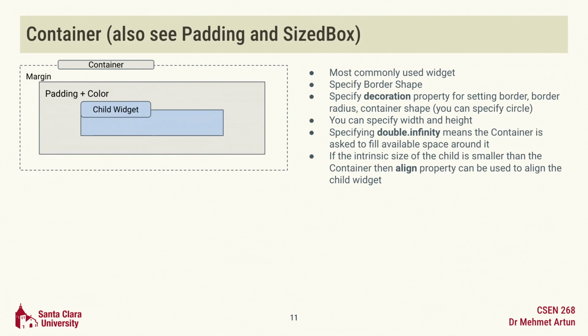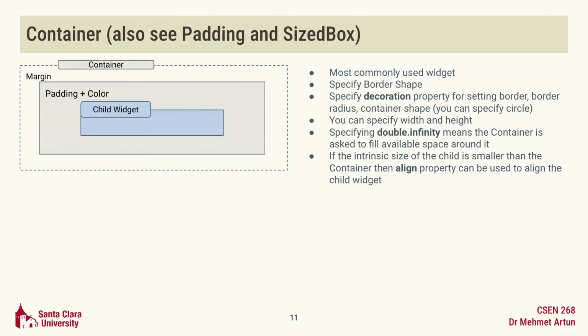Now, there is another widget called padding. So the padding widget just deals with putting a padding around an object. It doesn't do anything else. So it's sort of like a very primitive container.